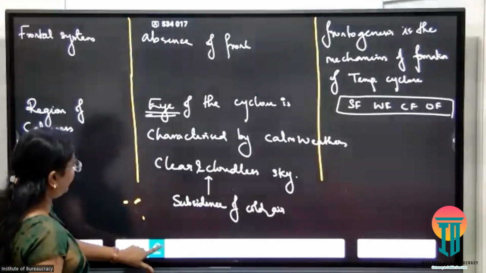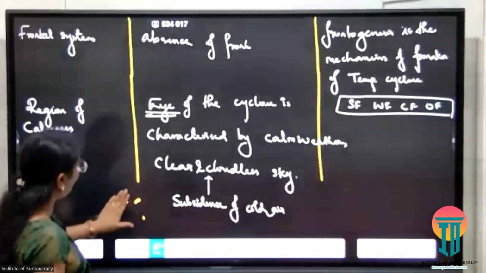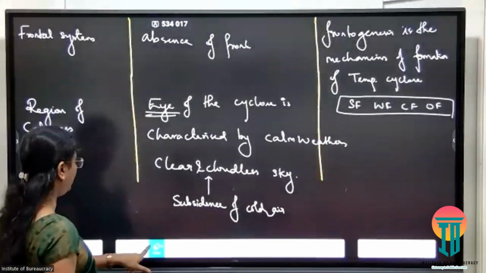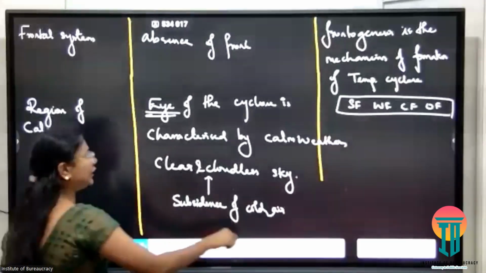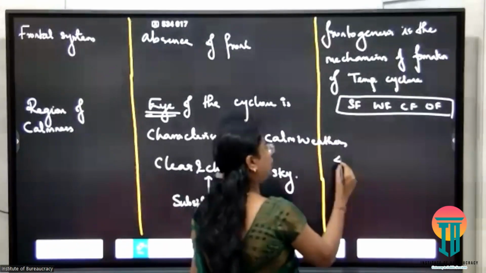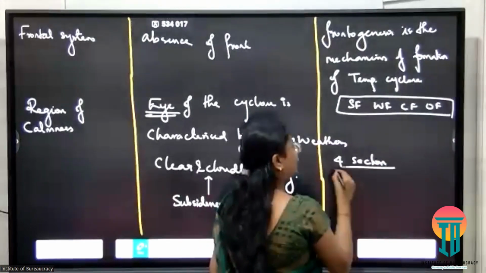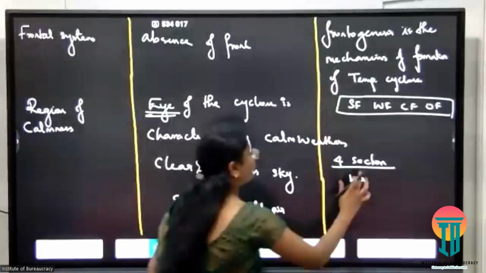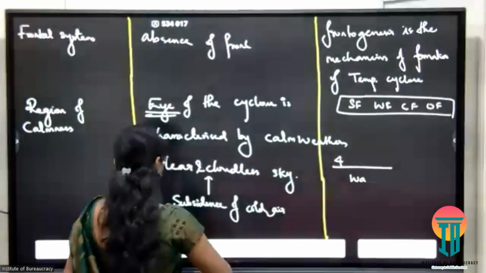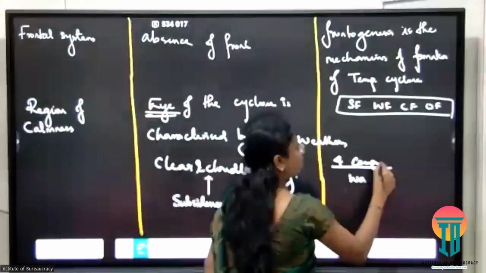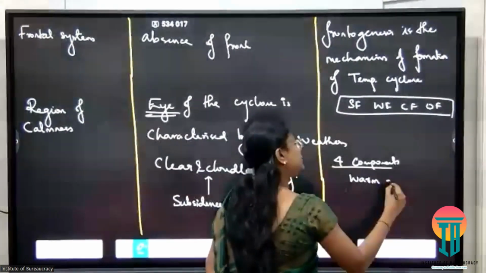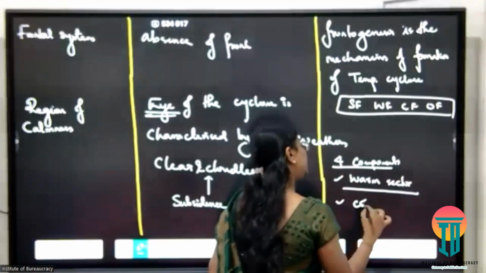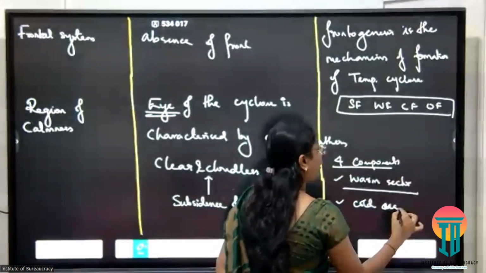What about the temperate cyclone? Do we have any zone where the winds are static or stable? We'll understand the cyclone better now. There are 4 sectors, 4 important components. One is the warm sector, movement of warm air. The next is the cold sector, with intense movement of cold air.